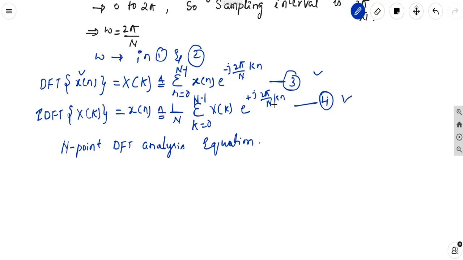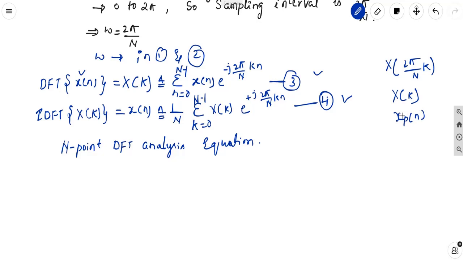The only difference is that for X of k, there we have taken X of 2 pi by N into k, but here we have taken X of k. And for x of n, there we have taken xp of n. You can compare both equations from the last derivation.